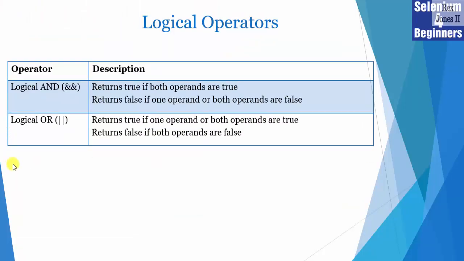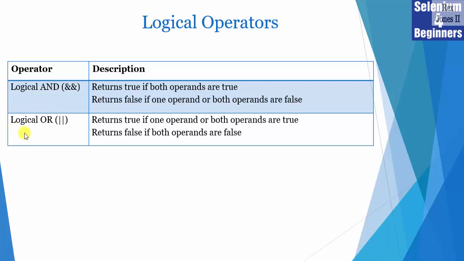Next are the logical operators: logical and, logical or. Logical and has two ampersand symbols that return true if both operands are true. It also returns false if one operand or both operands are false.